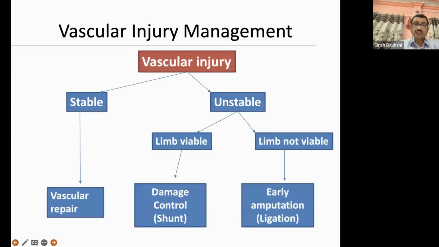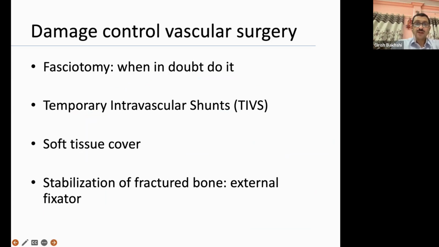Now vascular injuries, obviously we are talking about an unstable patient over here. You think whether the limb is viable or not viable. If viable, do a damage control shunt or an early amputation. Whenever there is a vascular injury, remember that you should do a fasciotomy, because once you reperfuse this limb, there is going to be edema.